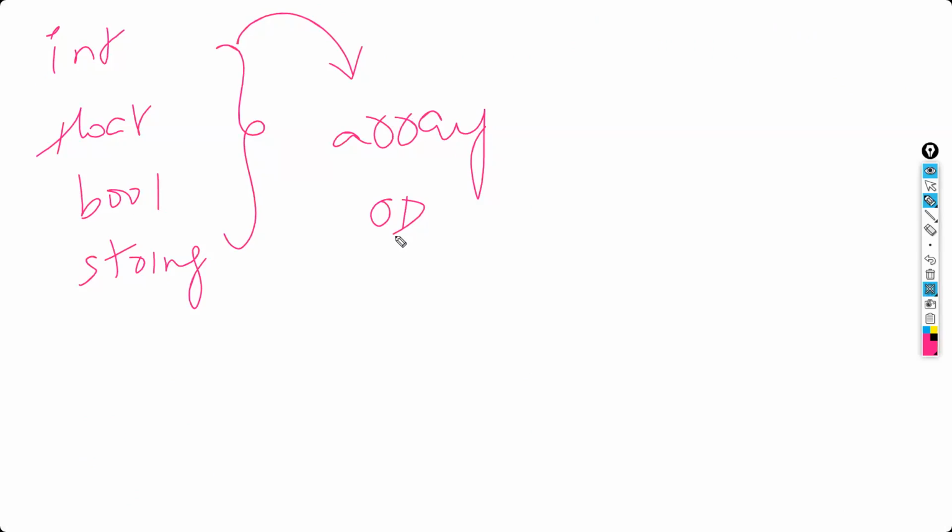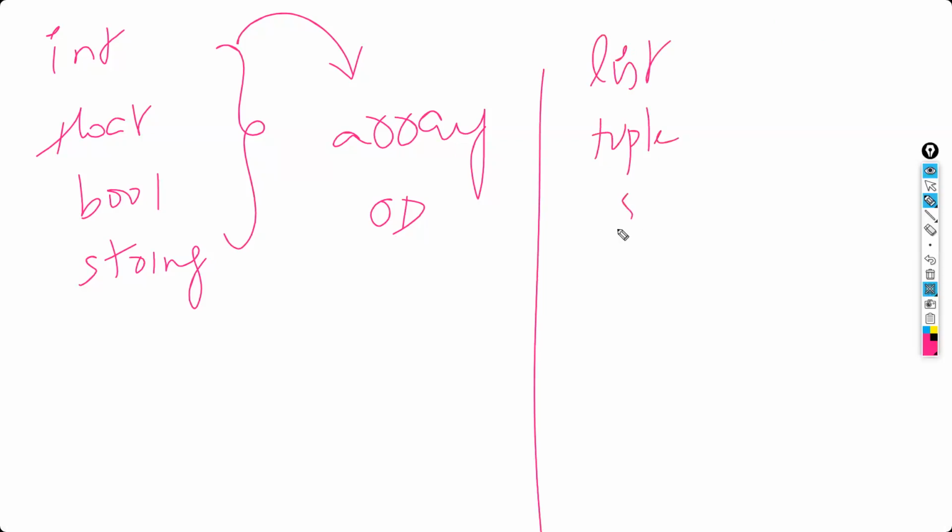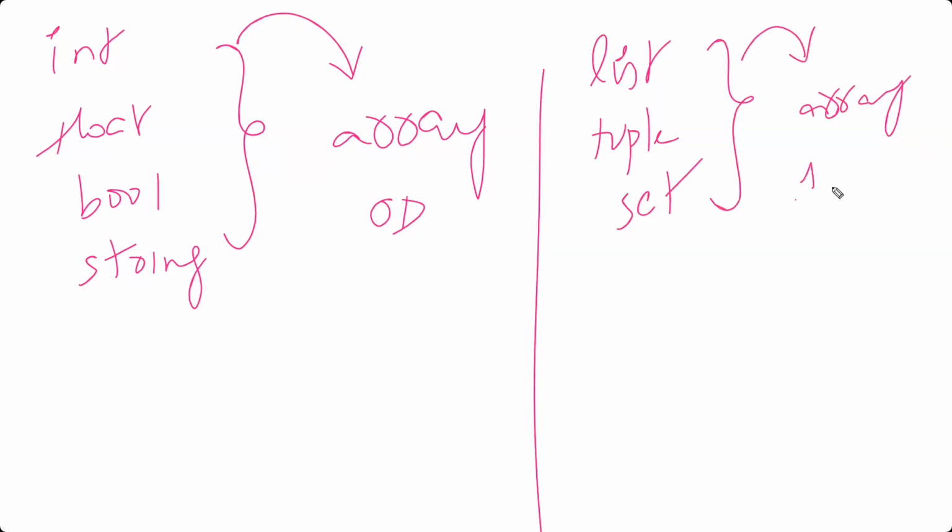Now, if you convert a list, tuple, or set into an array, it is 1D. Advanced data types converted to an array are 1D. Fundamental data types converted to an array are 0D.